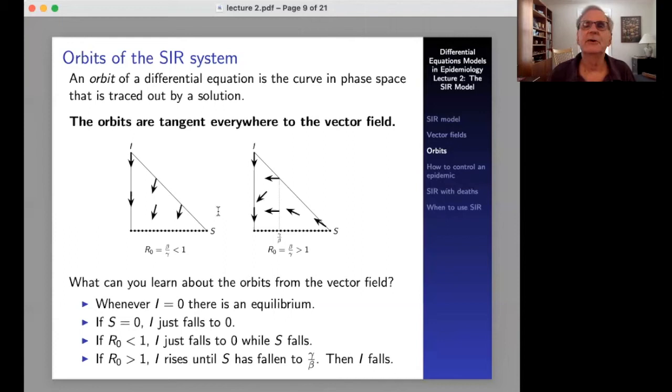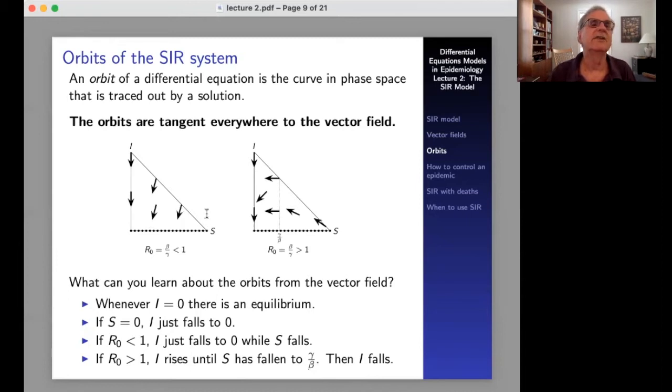So we're going to try and figure out all we can about the orbits of the SIR system. So orbits are tangent to these vectors. The vectors are actually the velocity vectors of solutions, and the orbits are the curves traced out by solutions.